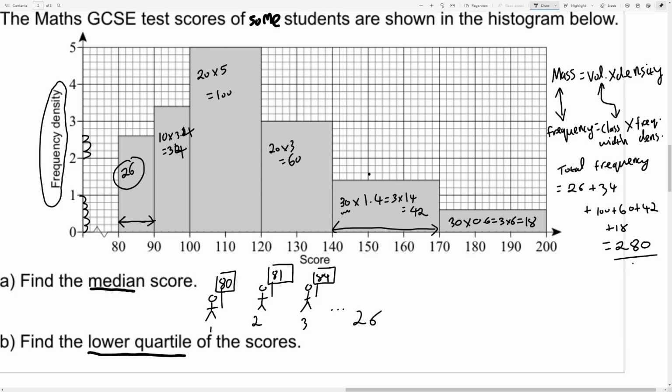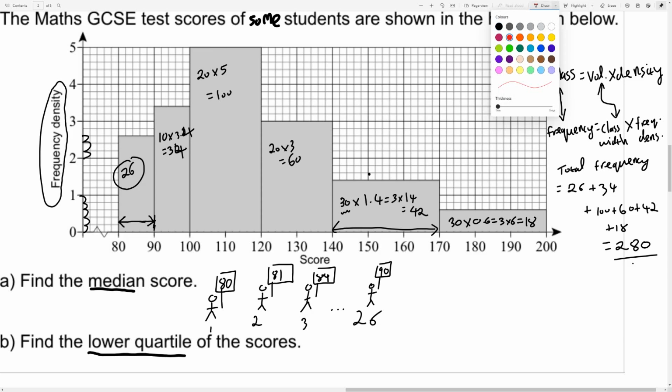And I can guarantee that the 26th person is going to have a score which is no greater than 90. So the 26th person could be here. I don't know why they're holding up signs with their scores. You'll have to take it up with them, and so on. Okay, so that's the first 26 people with scores between 80 and 90.